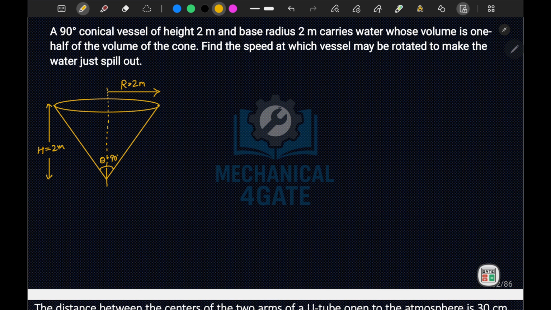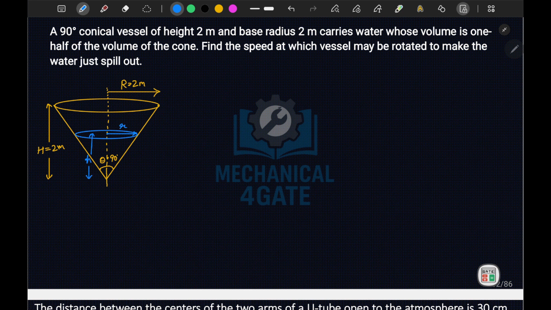Okay, what else is given? It carries water whose volume is 1/2 of the volume of the cone. So let's say that this is your level of water. Let's say that the radius here is your small r, and this height is your small h.